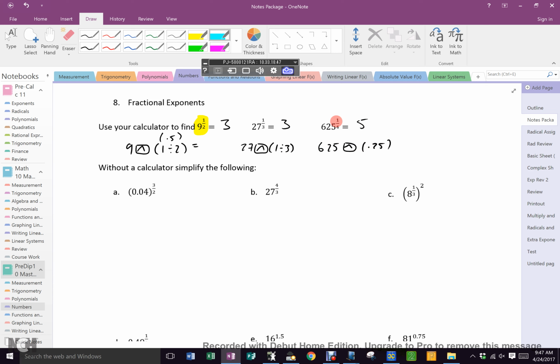I don't think I'm doing it right. For the second one? I'm on the second one. I got 9. 27. Yeah, I got 9. X to the y. Bracket. I got y to the x. Great. Y to the x. 27, y to the x, bracket, 1 divided by 3, bracket, equals 3.